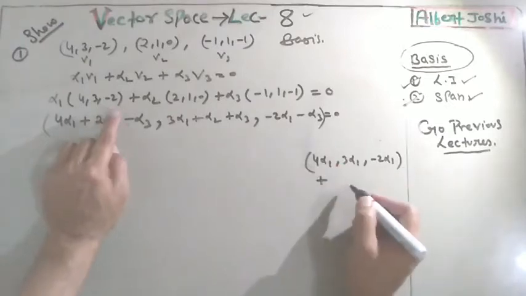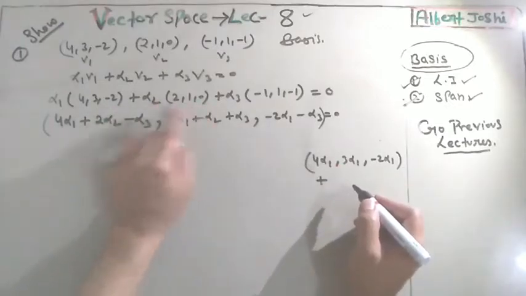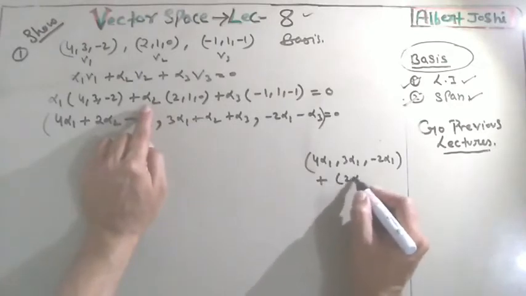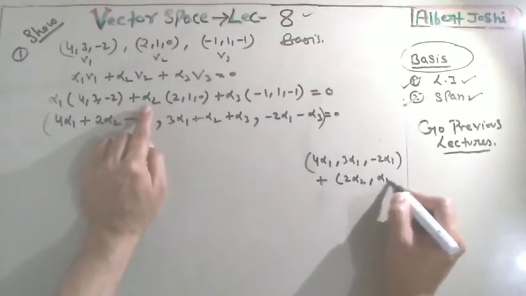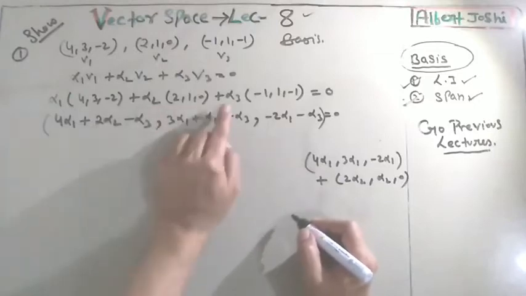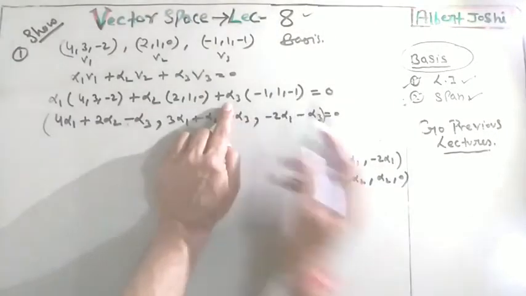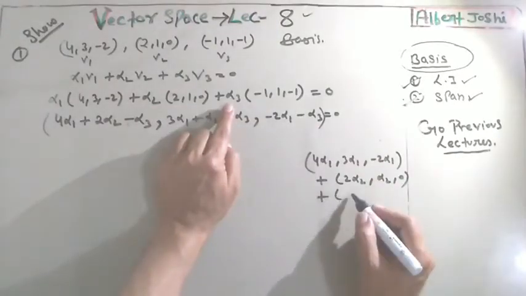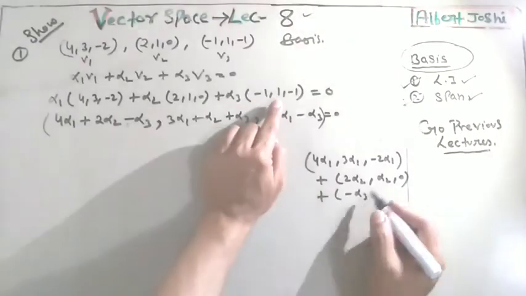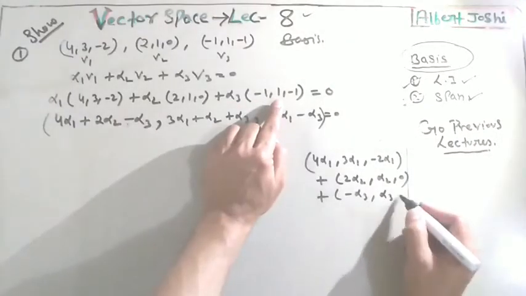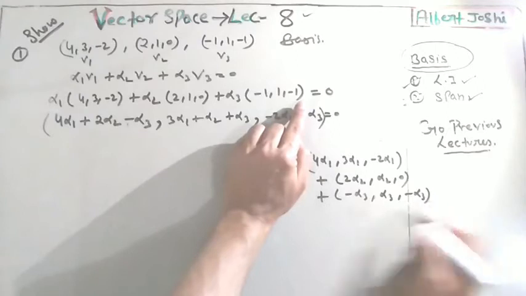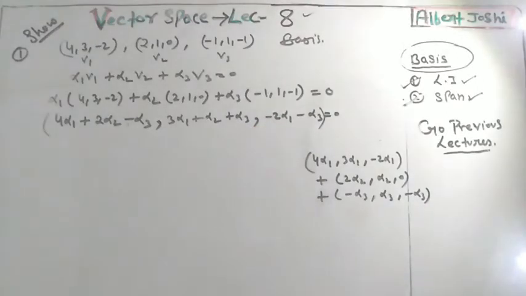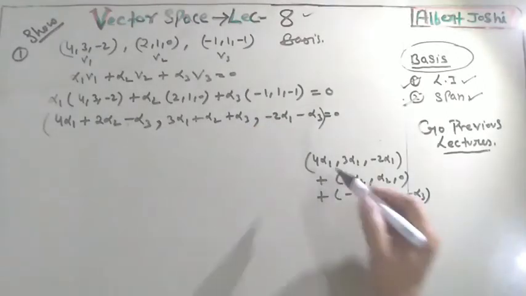Then here is a positive, okay. You will multiply here, then you get 2 alpha 2, comma, alpha 2, comma, 0. Then you multiply this here, then you get minus alpha 3, comma, alpha 3, comma, minus alpha 3, okay.